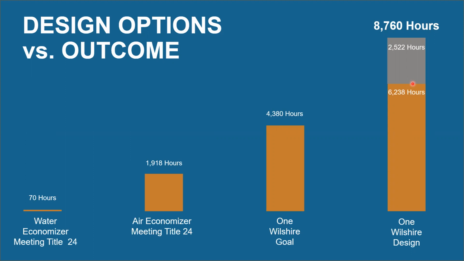And in the remaining portion of the year, it's 2,500 hours of partial economizer, partial compressor runtime. So we exceeded the goal of 50% by delivering over 71% economizer hours.